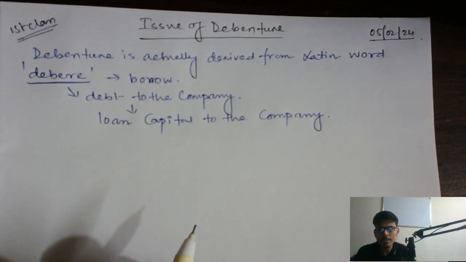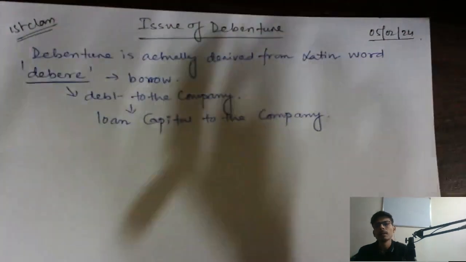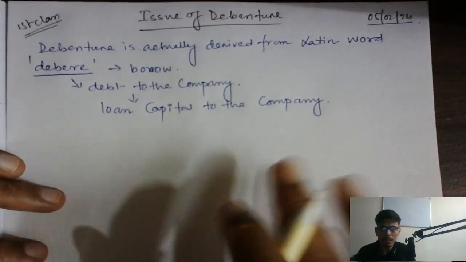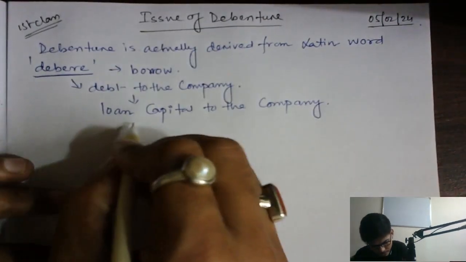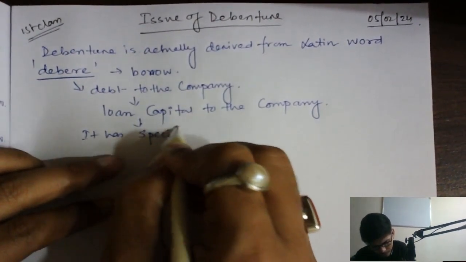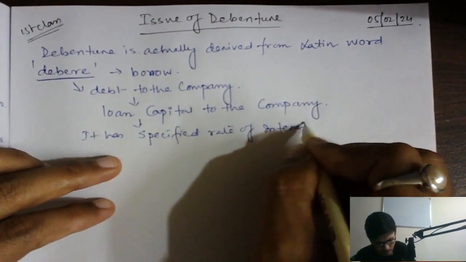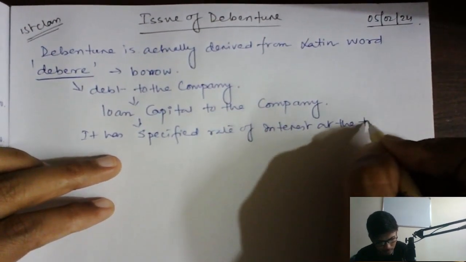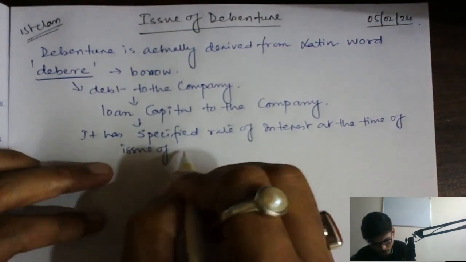Number one, obviously it's a debt to the company, and number two, it is a loan capital to the company. It's not like it's only a debt capital. Chalo guys, see, the loan capital of the company. Now, debenture has a specified rate of interest at the time of issue of debenture.